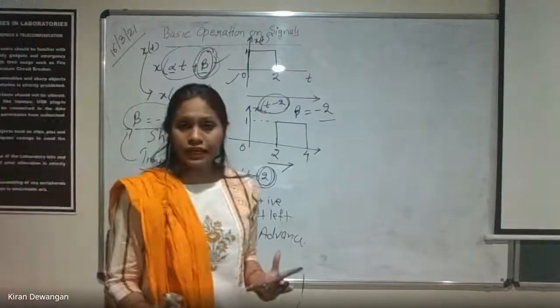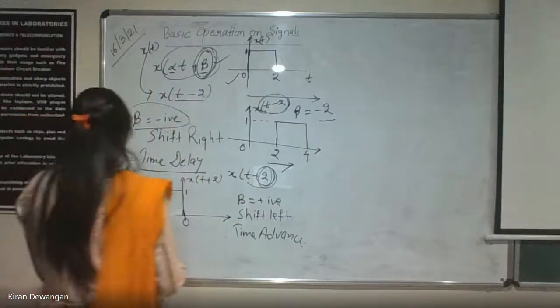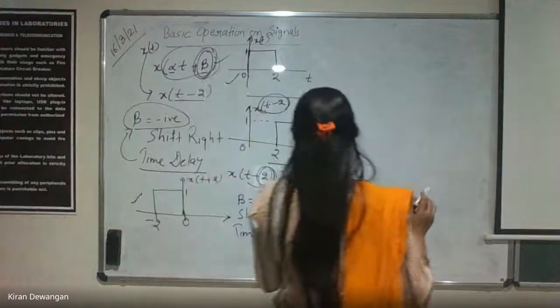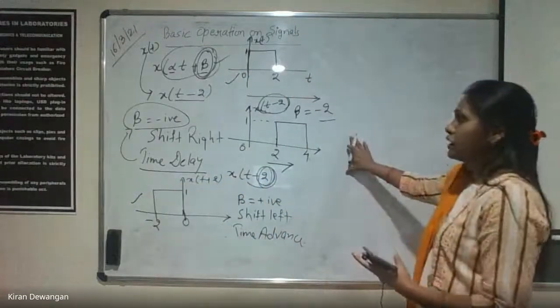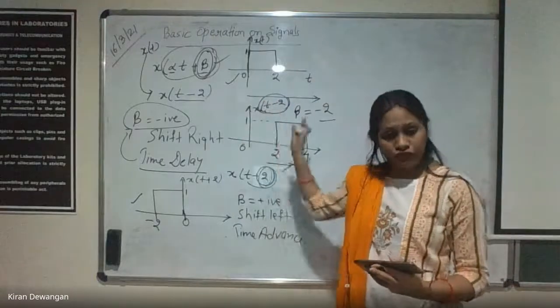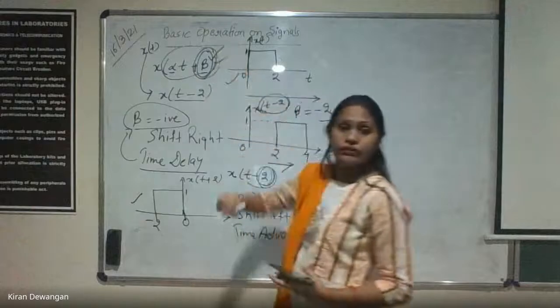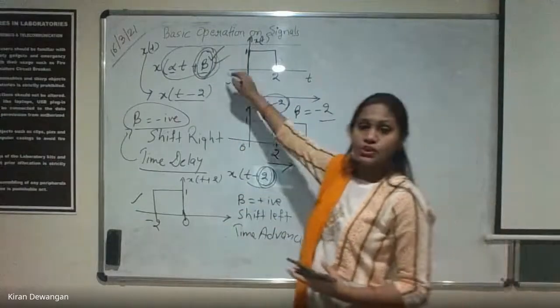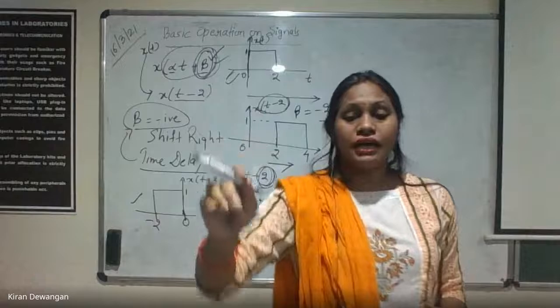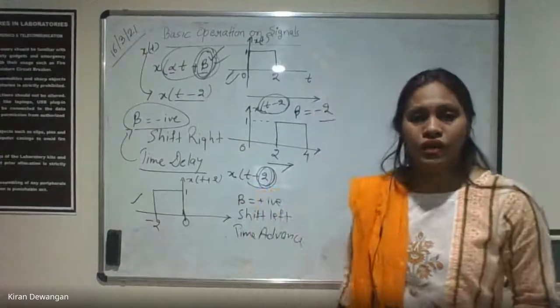Now I guess it's clear. Time shifting is clear to everyone? Yes? Is it clear or not? Time shift is simple. We just have to perform either shift left or shift right depending on the value of beta. So we have to check the actual value of beta.